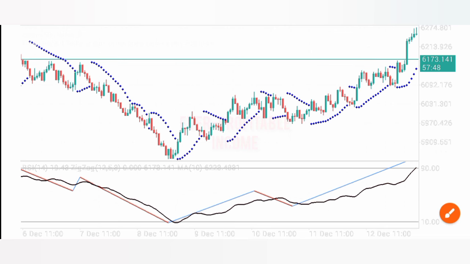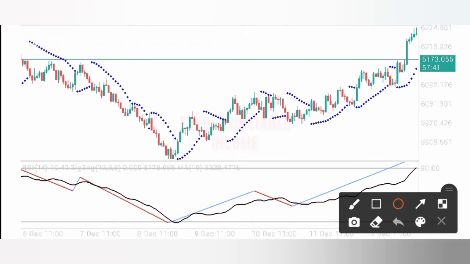Now when it gets to the support zone, you look out for the interception of the indicators, the two indicators here. When you look at the indicator window, we have an indicator that is changing color from red to blue. It's just one indicator, but it's changing color from red to blue. If it's about to go bullish, it's going to be blue.